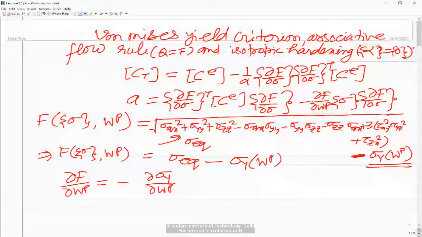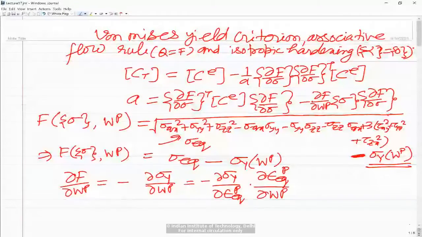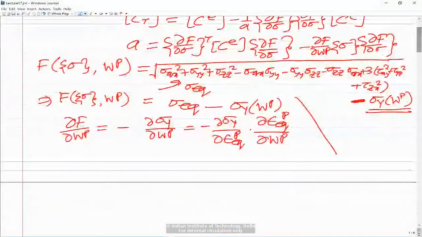So we write it as minus del sigma y by del epsilon equivalent p, that is equivalent plastic strain, and then del epsilon equivalent plastic divided by del Wp. We can write it using the chain rule of differentiation: the derivative of sigma y with respect to epsilon equivalent p, and then the derivative of epsilon equivalent p with respect to Wp. I think it is straightforward, you can follow that.